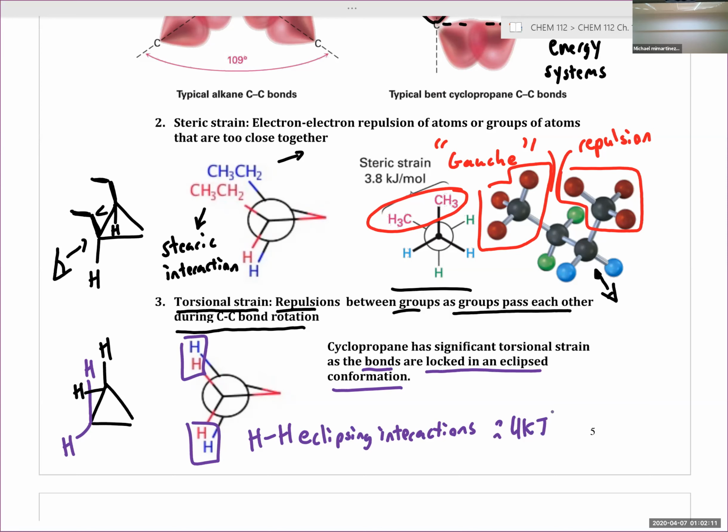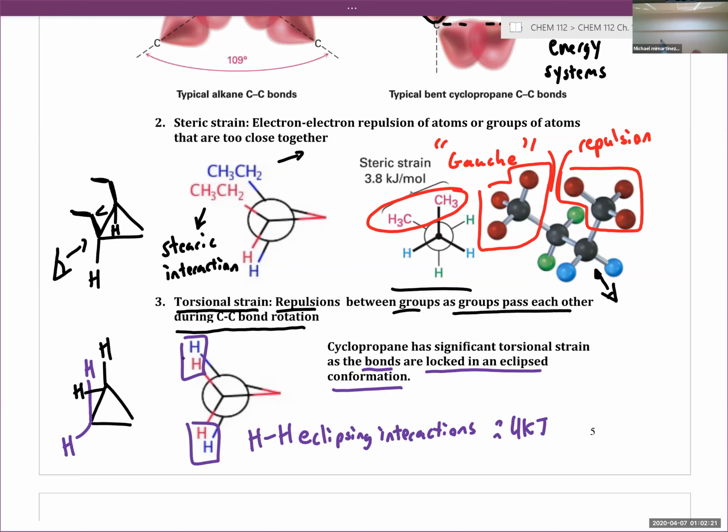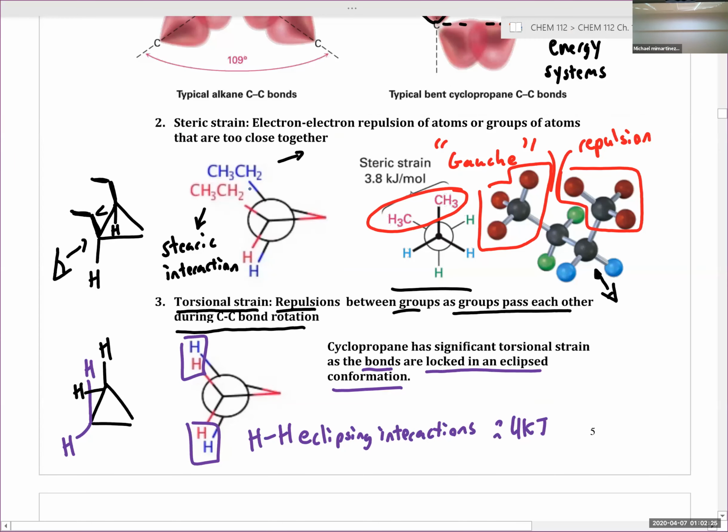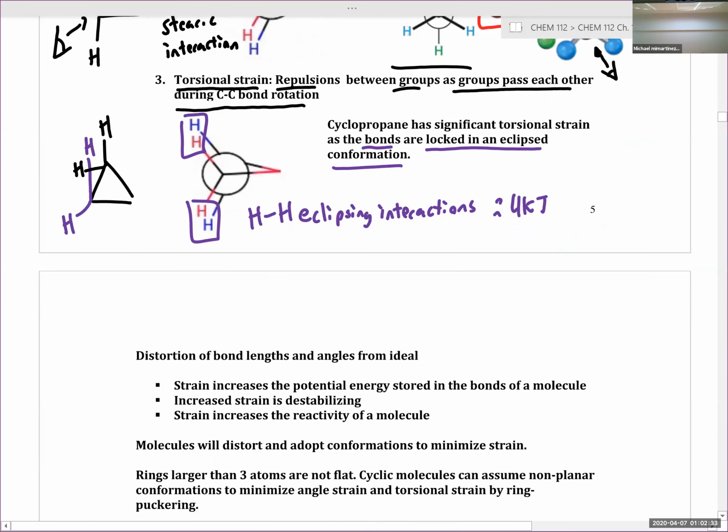So key takeaways: rings are rigid, and cyclopropanes experience a ton of torsional strain because they're locked in the eclipsed conformation. Any questions so far? Okay, let's keep going. This is just our overview of ring systems.